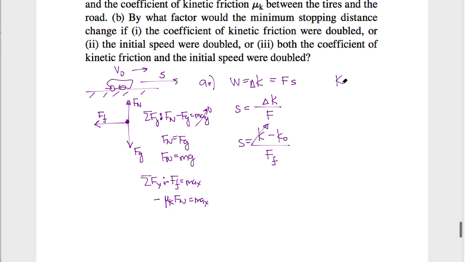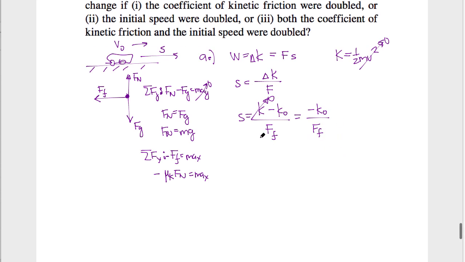I can say that because k is 1/2 times m times v squared, and v final is going to be 0 because we're going to stop. Therefore, k final is going to be 0. So this simplifies to just be negative k naught over the force of friction.